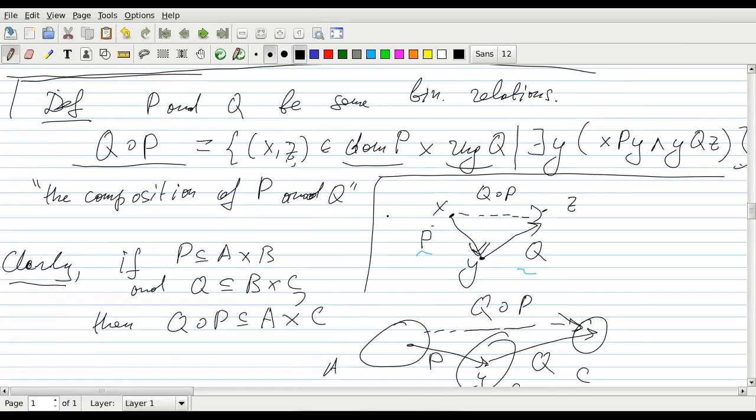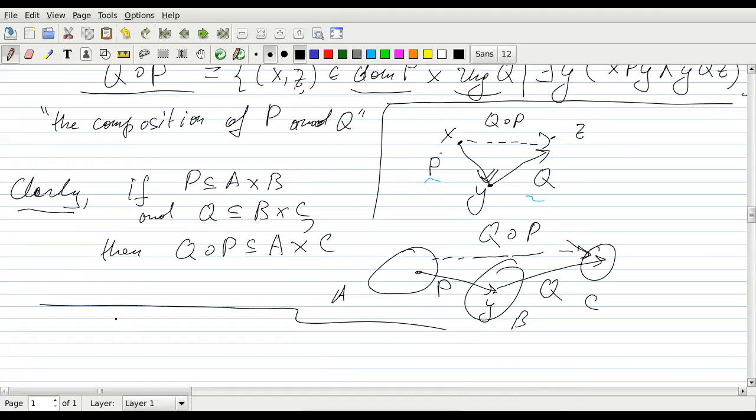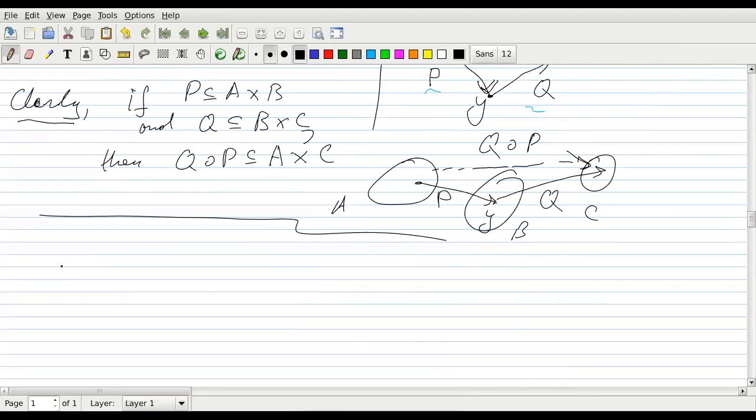Vice versa. For example, do you remember the calculus? What was the definition for the composition of 2 functions? Well, it was g of f of x. Of course, the value of the composition at the point x is just g of f of x.